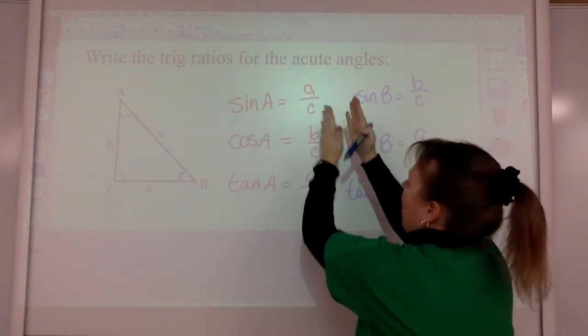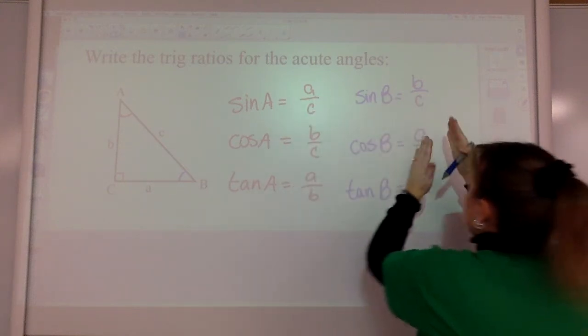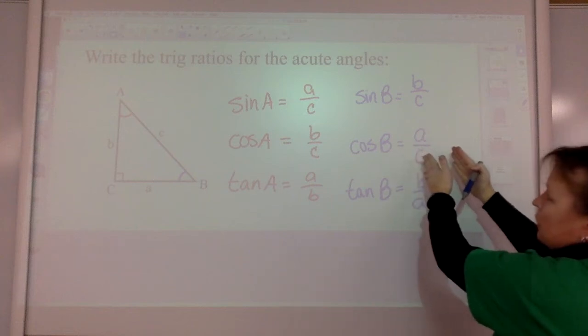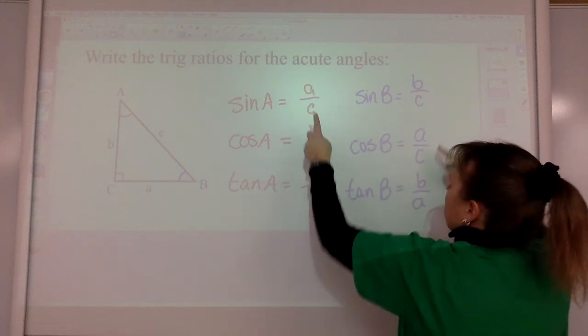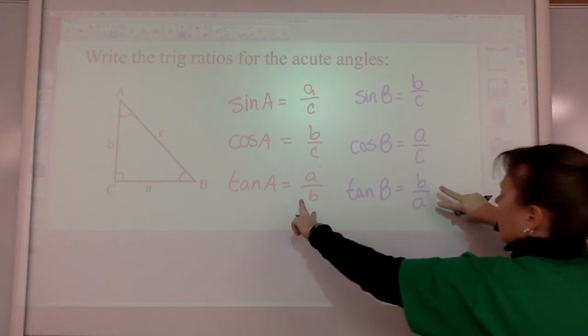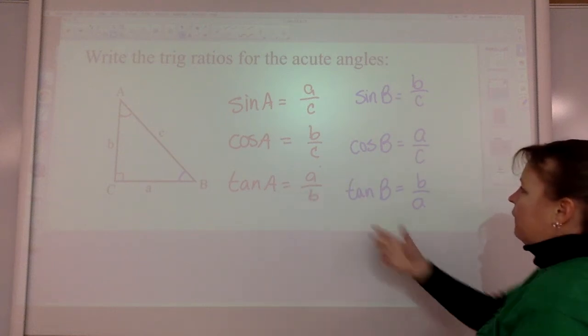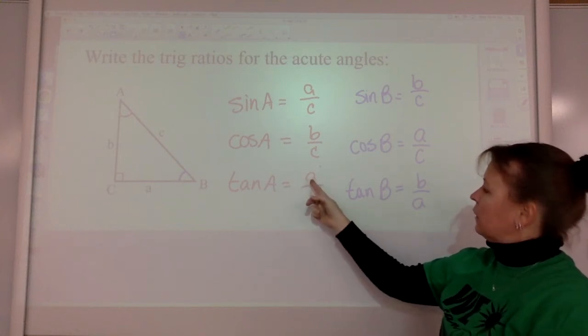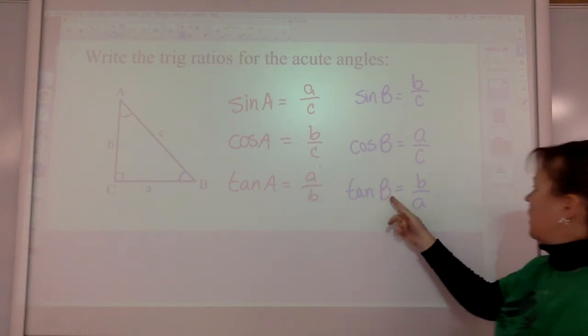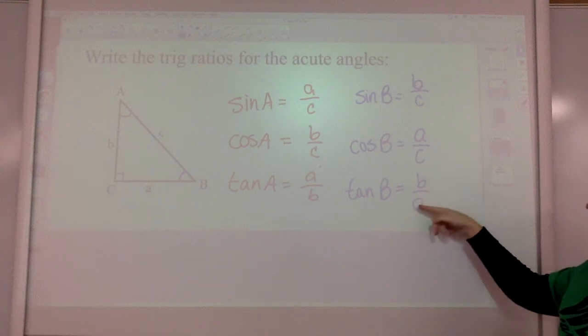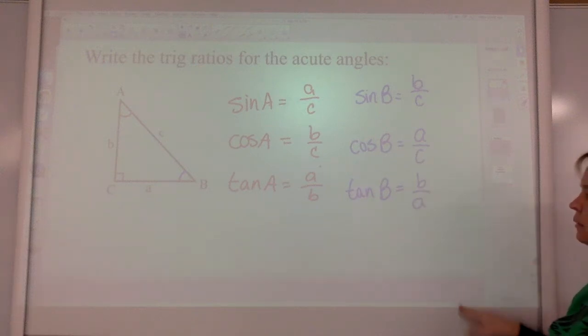If something is opposite of A, it better be adjacent to B. So those will always have the same fractions. Look what happened to your tangent. It's the reciprocal. If it was opposite of A, opposite over adjacent, then it's going to be adjacent to B, opposite over adjacent.